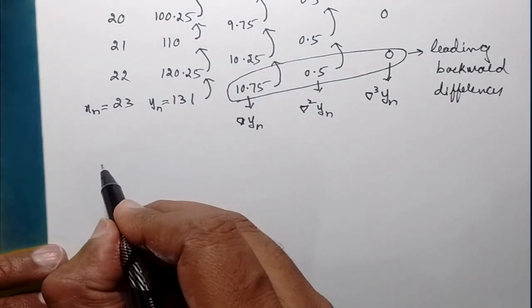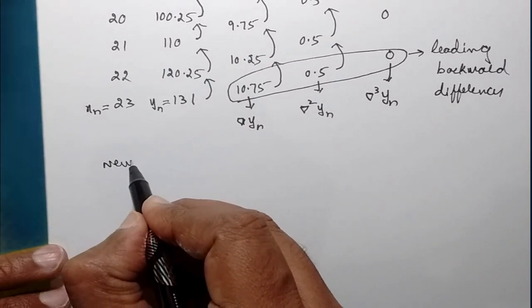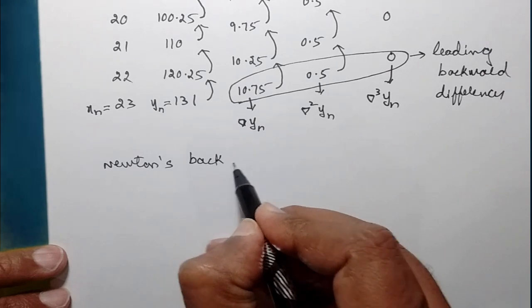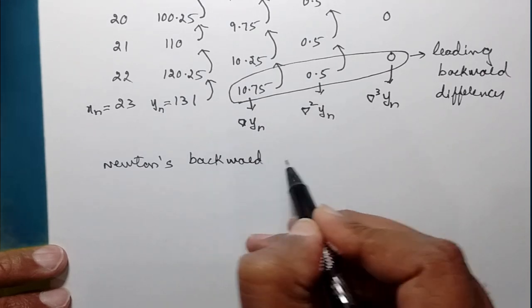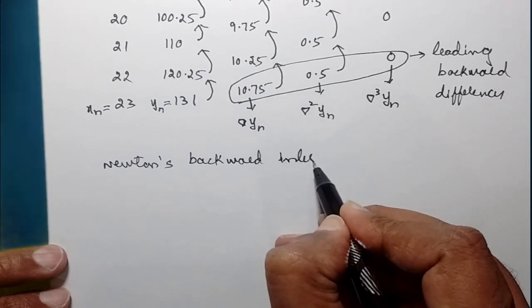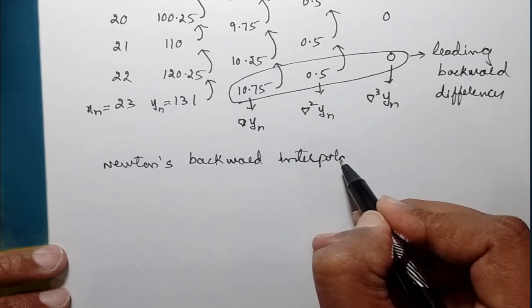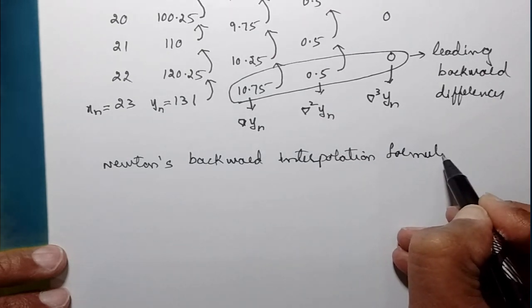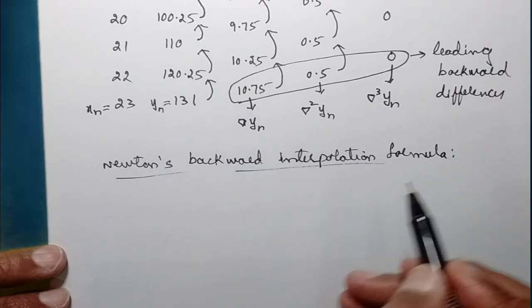Now go for Newton's backward interpolation formula.